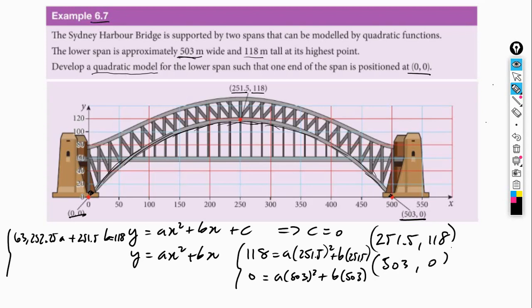And then we would get another expression, which would be 253,009a plus 503b equals 0. So this here is a system of equations.